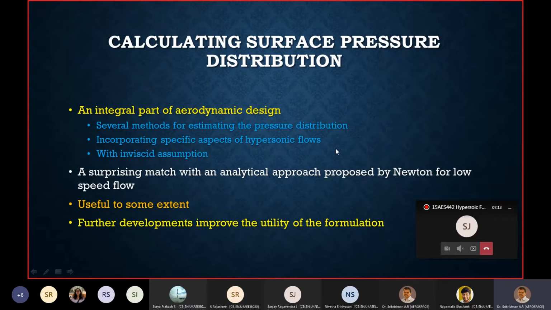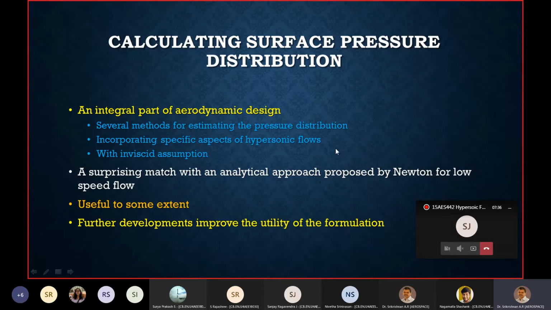This pressure distribution is what we eventually make use of to calculate the drag and the lift, etc. So all the aerodynamic force related parameters are dependent on estimation of the pressure distribution on the surface. And this is exactly where we are going to make use of Newton's theory in hypersonic flow.